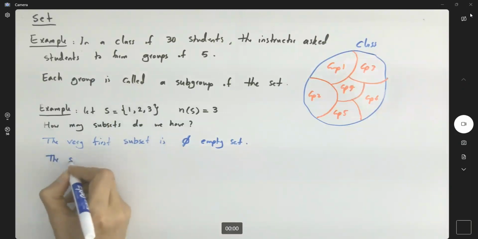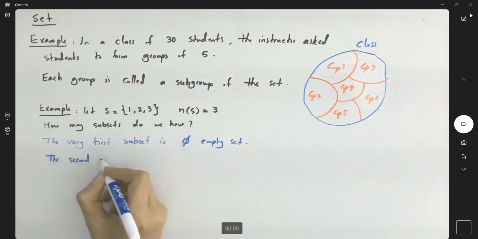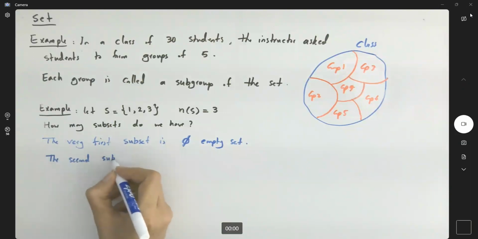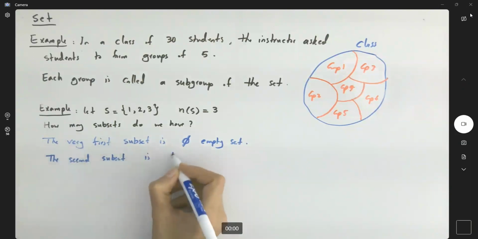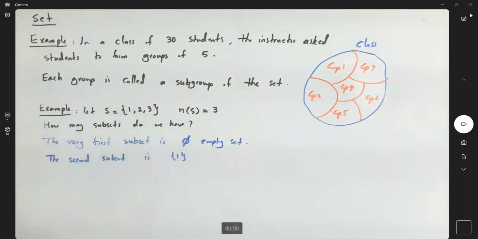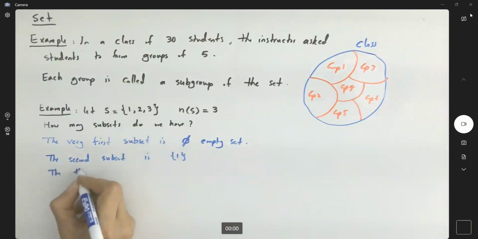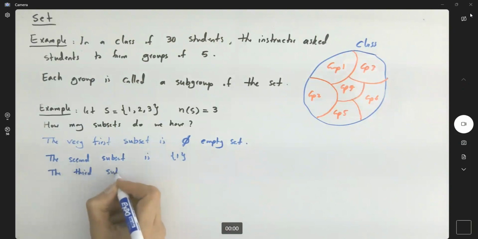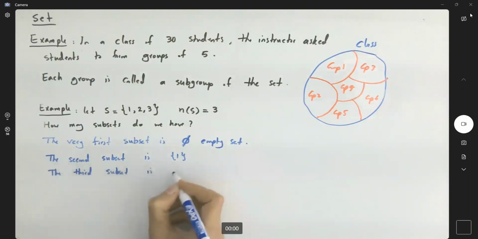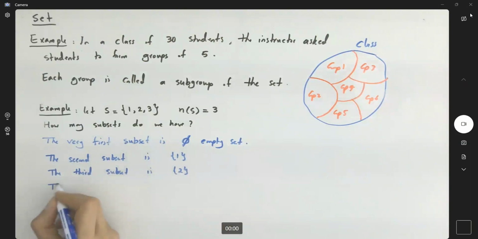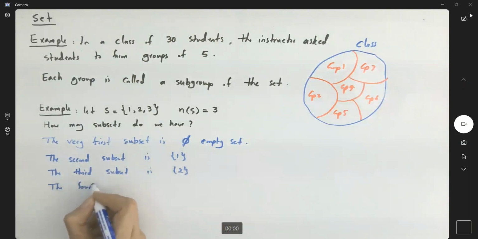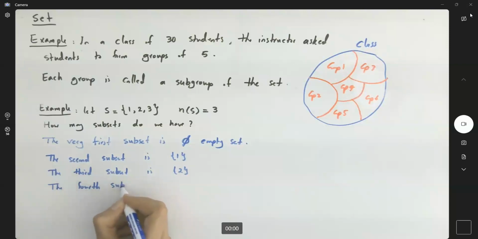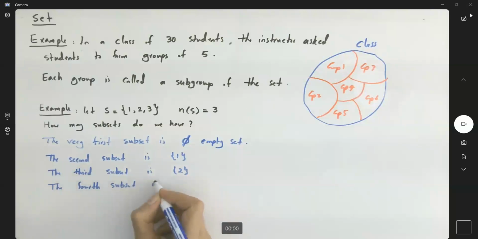So the second possible subset is the set including the first student. The third possible subset is the set including the second student. The fourth subset is the set including the third student.